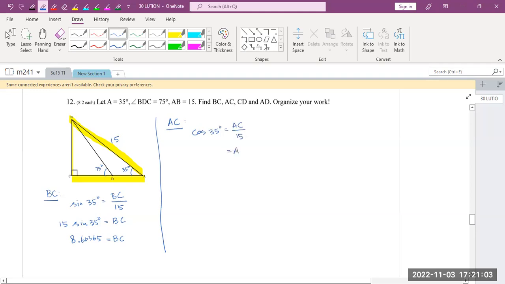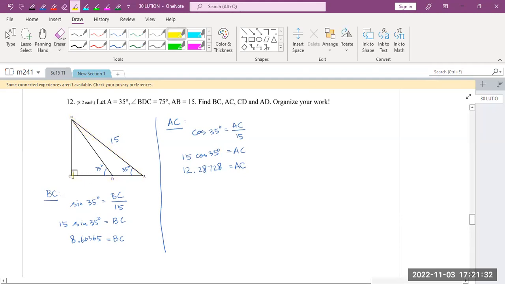So AC equals 15 times cosine 35 degrees. That is 12.28728. That's our side AC.